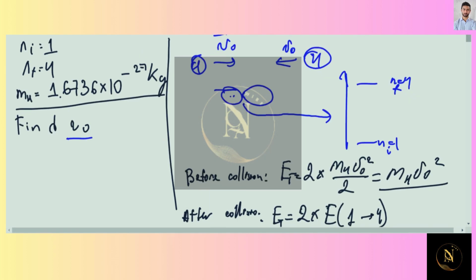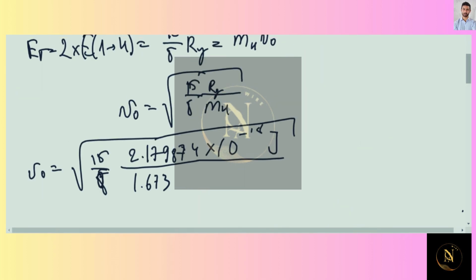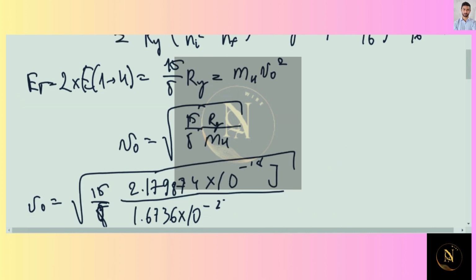So it's 1.6736 multiplied by 10 to the power of negative 27 kilograms. So now we can complete this calculation. I'm going to use a calculator, and you can do it as well to double check the results.